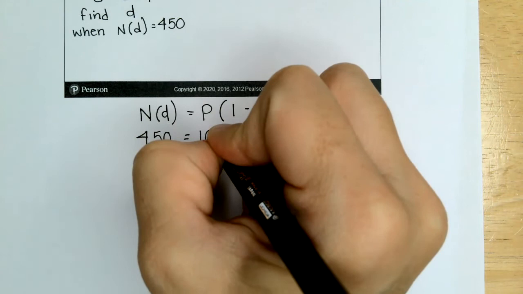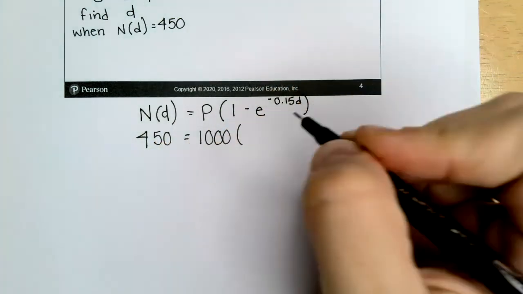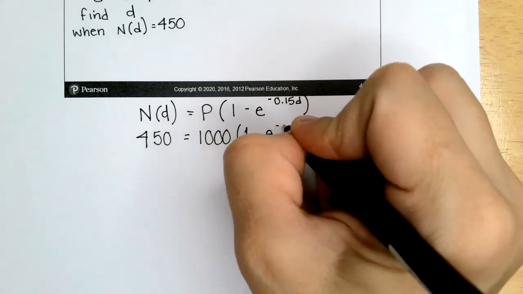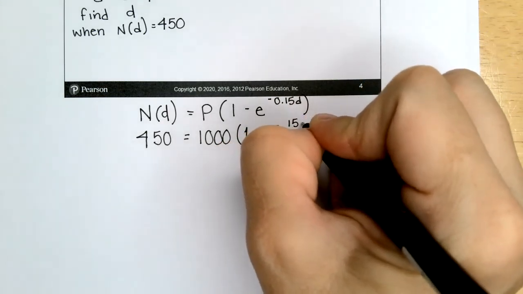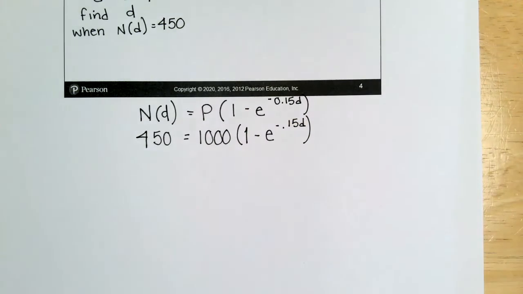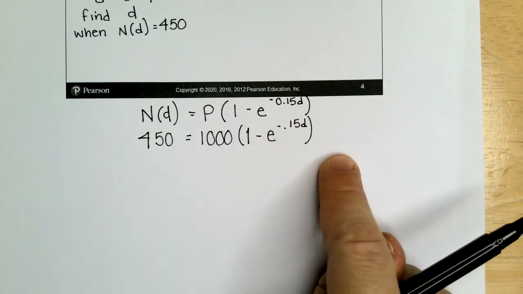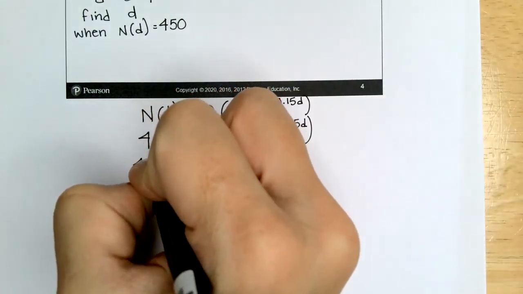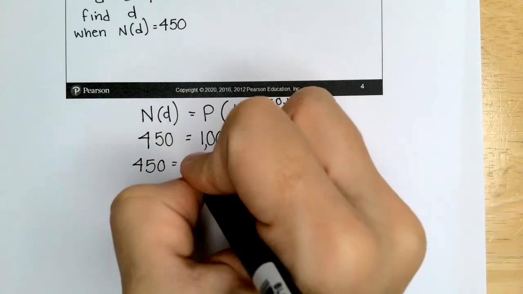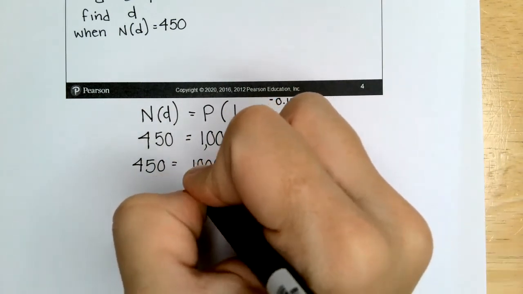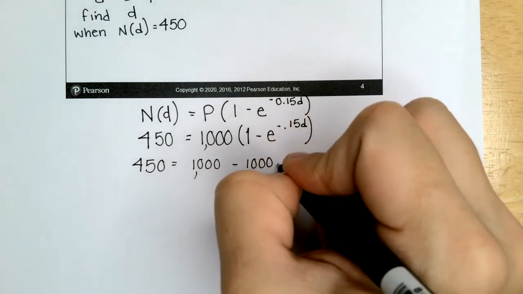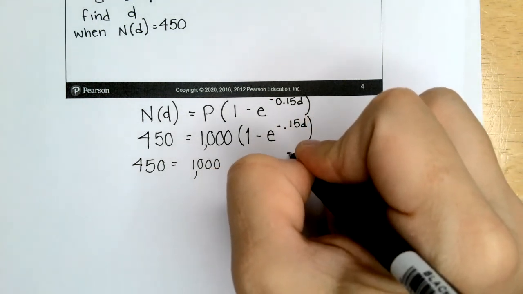We know P is 1,000. And we are solving for D. I'm going to distribute. Start by distributing 1,000. So now 450 equals 1,000 minus 1,000 e to the power of negative 0.15D.